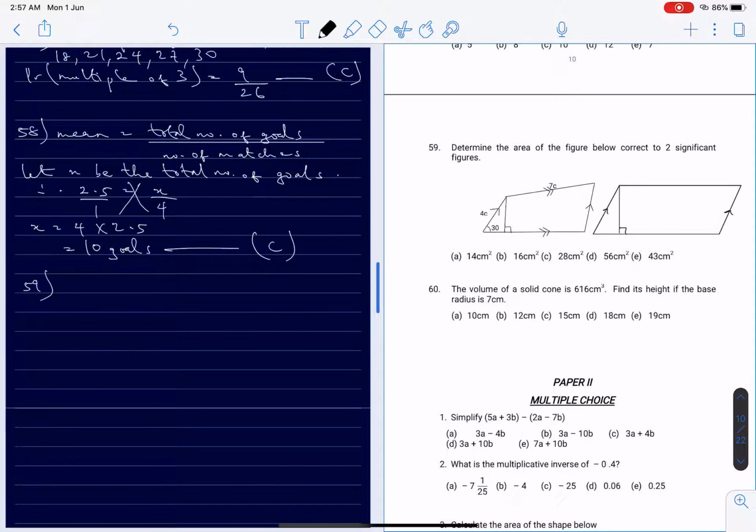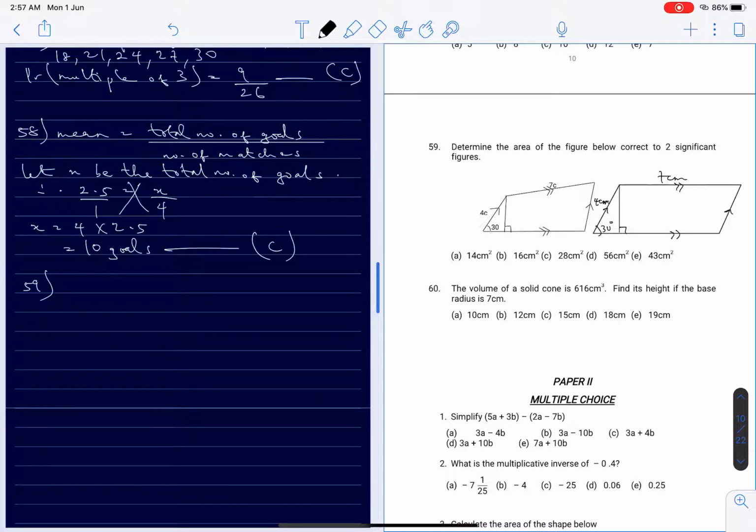This angle is 30 degrees. This length is 4 centimeters. This is also parallel to this, and this is 7 centimeters. The C actually means centimeters.